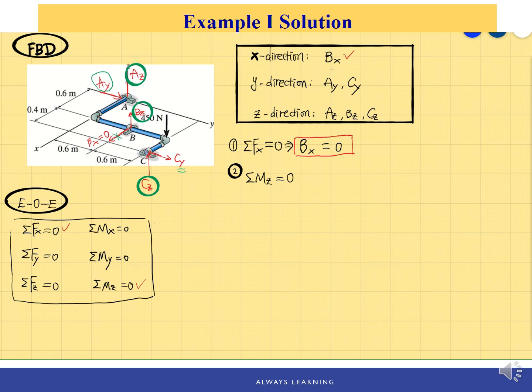So in that case, we don't even need to figure out the moment arm for Cy, because it's not zero anyway, right? Cy times d, the moment arm of the Cy force to the z-axis, that must be 0. So this will give us the answer for Cy. So Cy must also be 0.